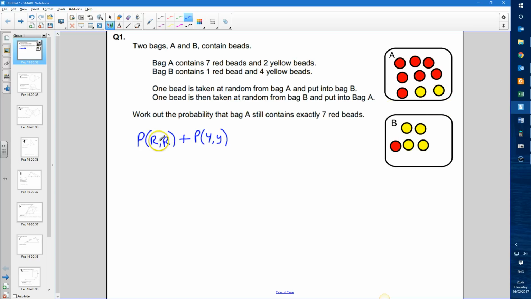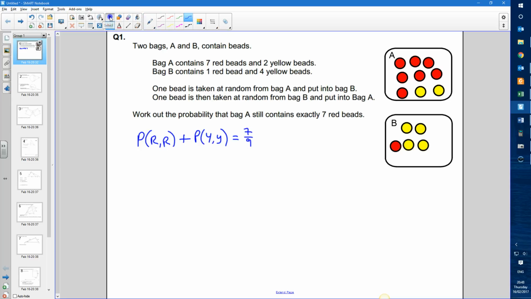So the probability of red followed by red, let's think about what that might be. There are 9 beads in this bag, and 7 out of the 9 are red, so 7/9 chance of picking a red. So I'm going to have 7/9.